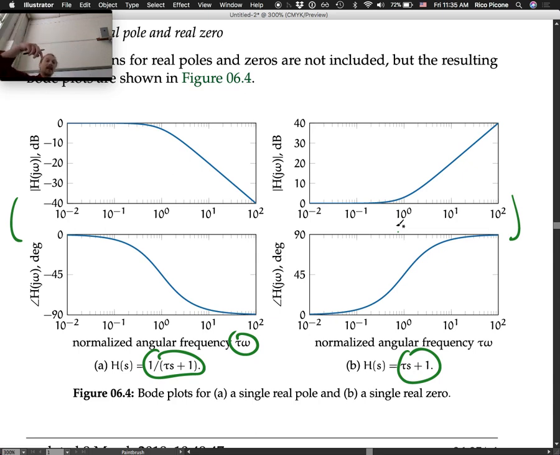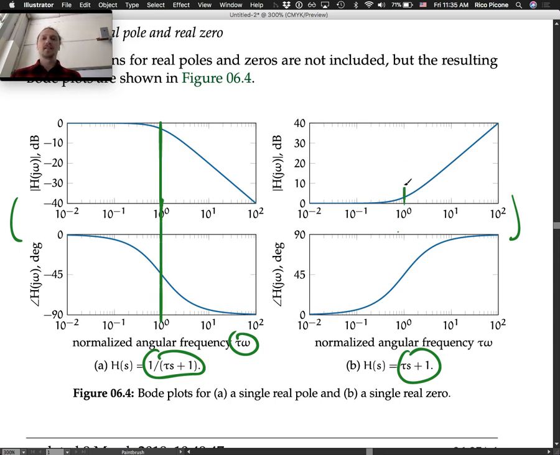So we've got this one plot to rule them all for each case, right? One plot, and so it's instructive to look a little closer at these. So when tau omega, which is these horizontal axes, is equal to 1, something happens in all of these plots, right?